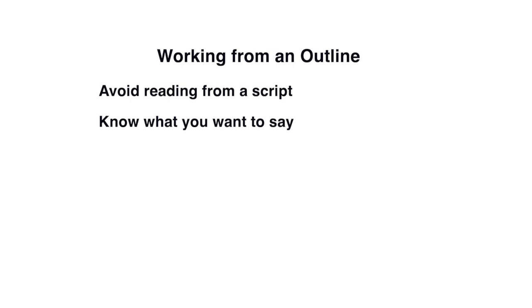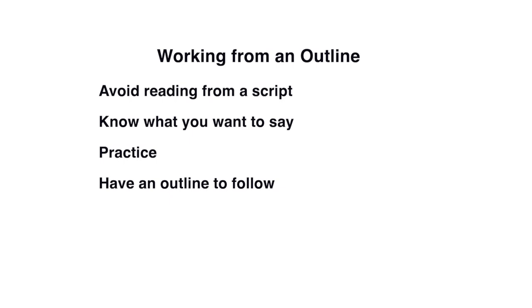If you know what you want to say, you don't have to read it. Of course, practice is critical as well. Have an outline to follow, practice with the outline, and use the outline for names or numbers or things you might forget, and practice. Know what you want to say, and you don't have to read.